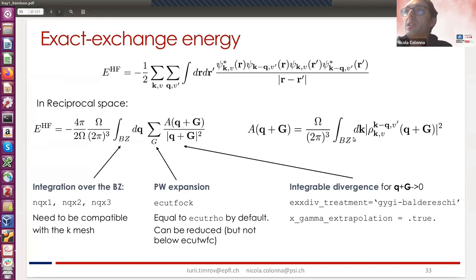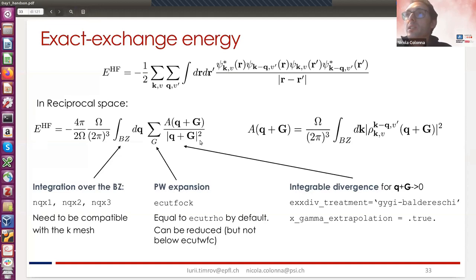So now you immediately realize that this is way more expensive than a standard DFT, where in any case you just have one summation over the Brillouin zone. Now you have an extra summation. And also, another difficulty in dealing with this object is that for q plus G that goes to 0, you have a divergence.